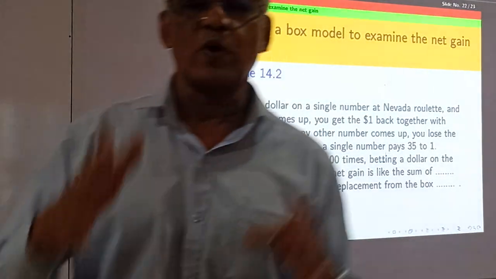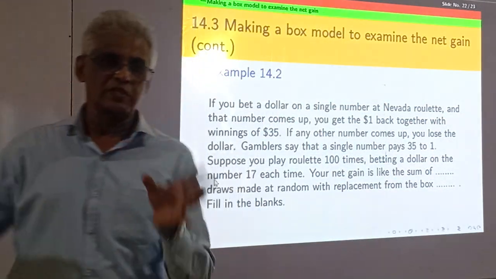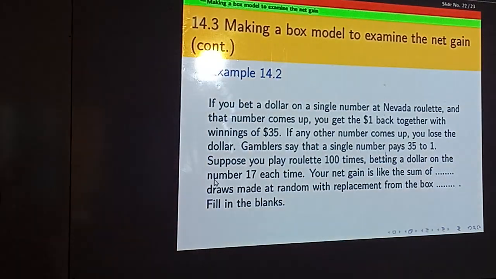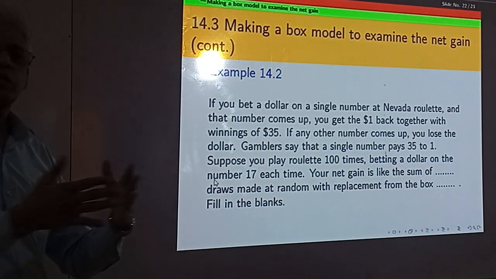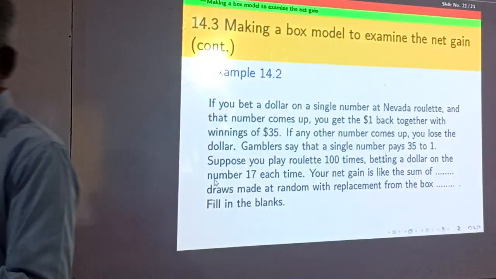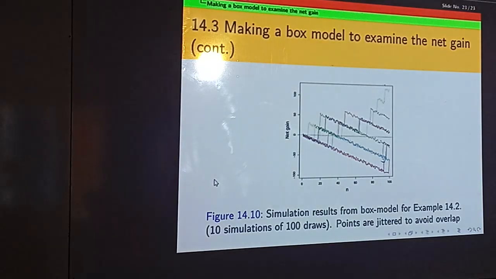So one 35 and 37 negative ones should be in the box. So you are drawing from that box 100 times, and at the end you look at the total of the numbers you have got. That will be your total gain.